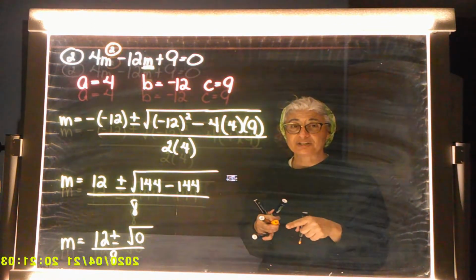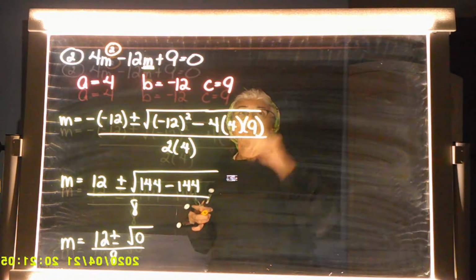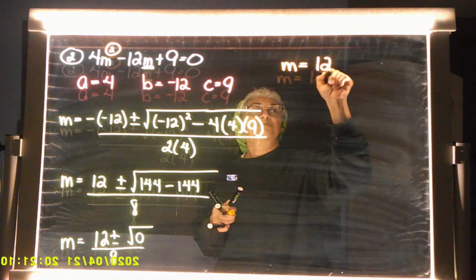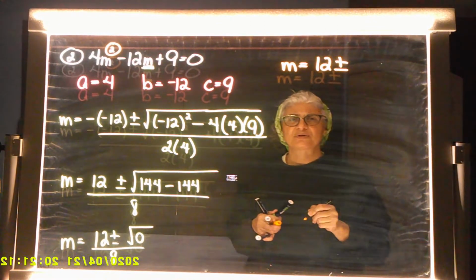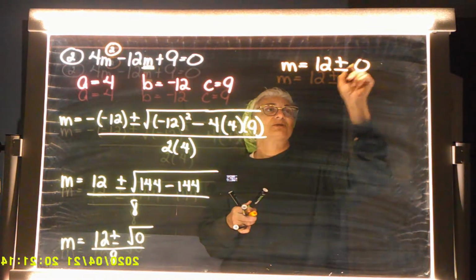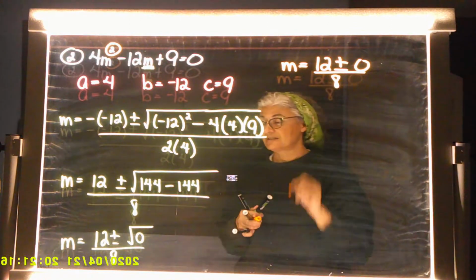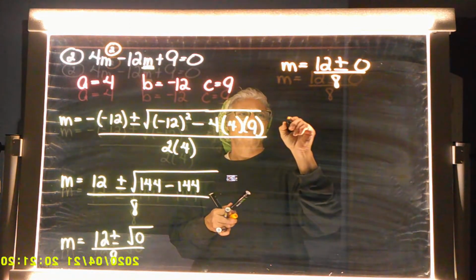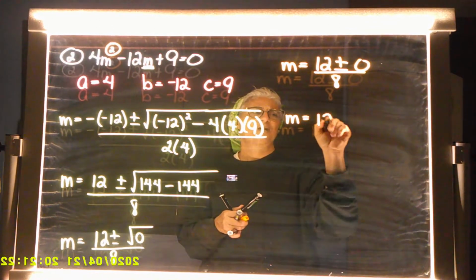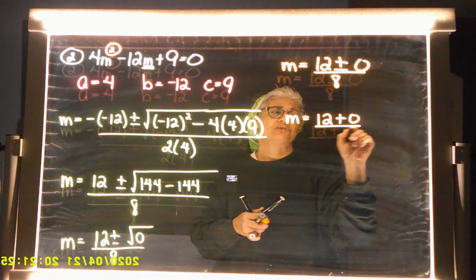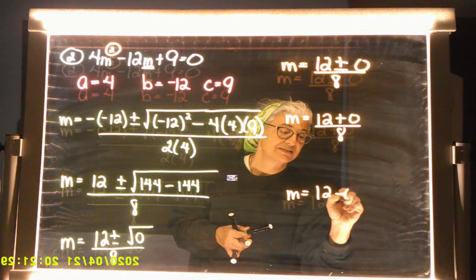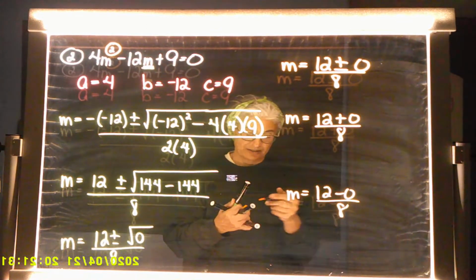So when I take a look at this, I'm looking at M equals 12 plus or minus, what's the square root of 0? Good, 0, all over 8. Correct? Okay. Which means one of my answers is M equals 12 plus 0 over 8, and the other is M equals 12 minus 0 over 8.